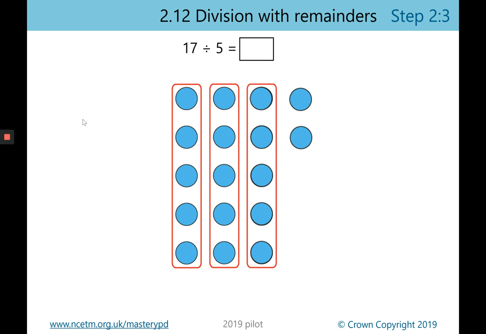It is, and let's see if you've got it, 3 remainder 2. 17 divided by 5 can't be 2 remainder 7 because 7 is greater than 5 and the remainder should be less than the divisor. So therefore we can make another group of 5. If you want to pause me and go back over that step, please do so.